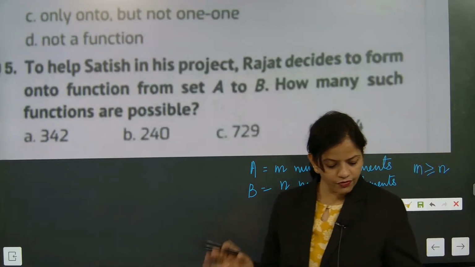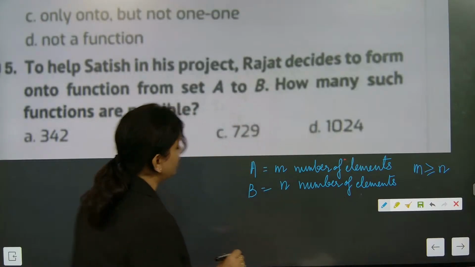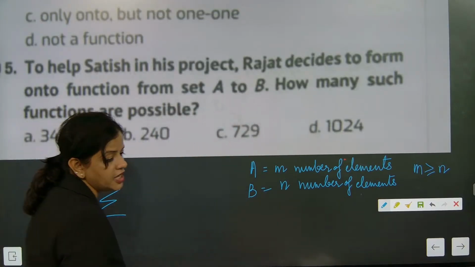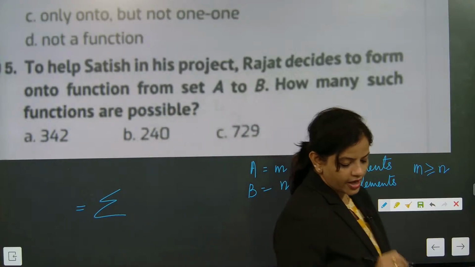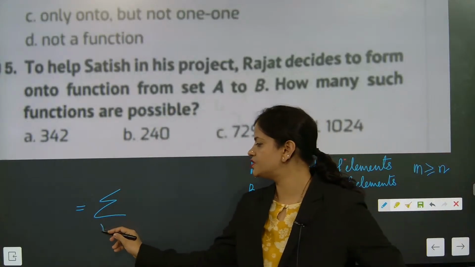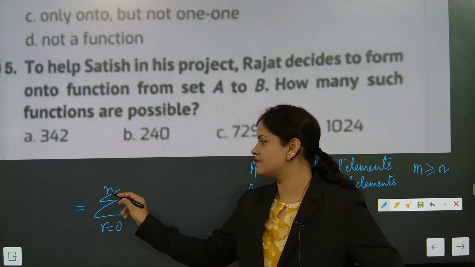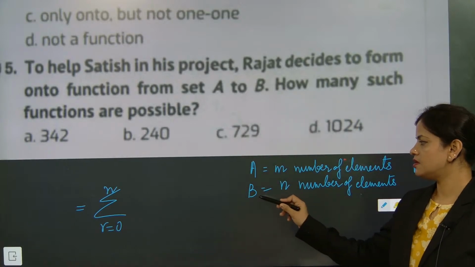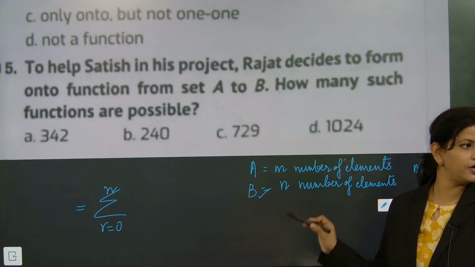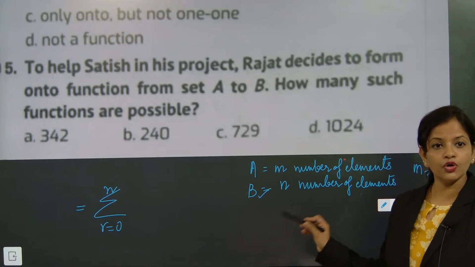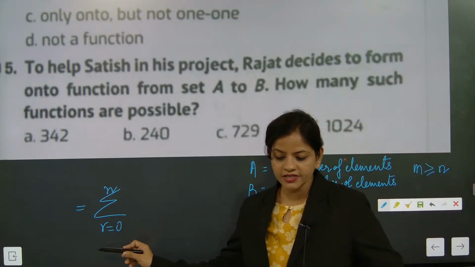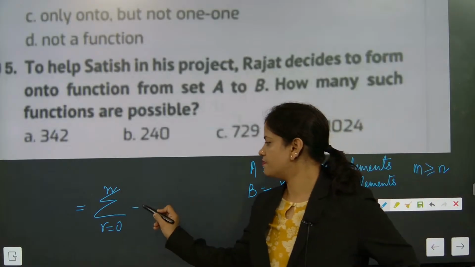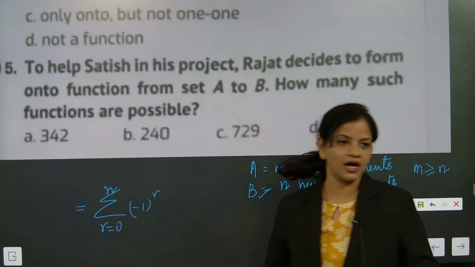Then the total number of onto functions formula, remember this one, is the summation from r equal to 0 to n. n is the number of elements in the codomain. Our formula is the summation r equal to 0 to n of minus 1 to the power r.